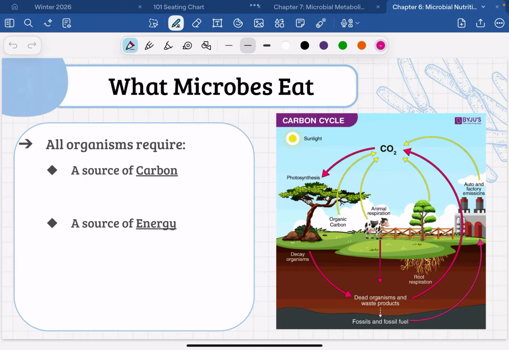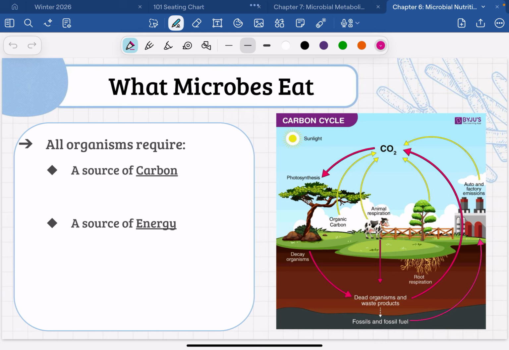Okay, so organisms, bacteria, and all of these teeny tiny organisms, there are infinite numbers of ways that they can get food. They all eat different things. They get their food in different ways. And so we're not going to spend a whole lot of time talking about individual bacteria and what their food is like. But we are going to talk about general groups of organisms.